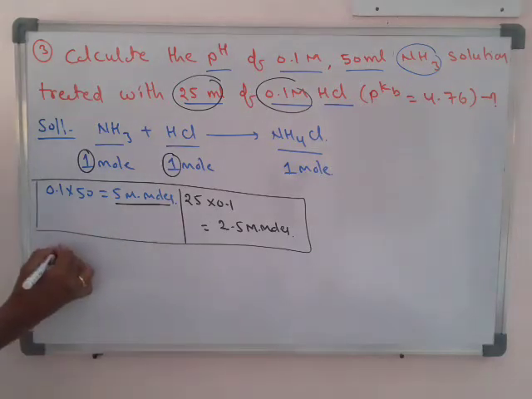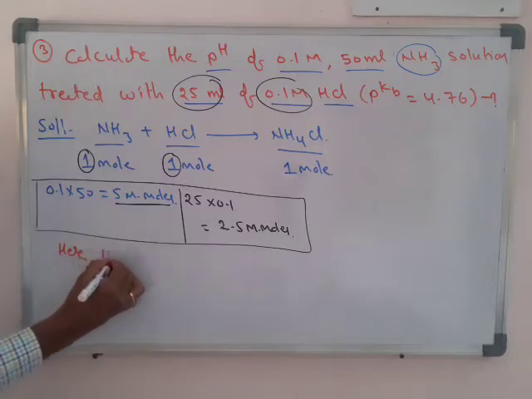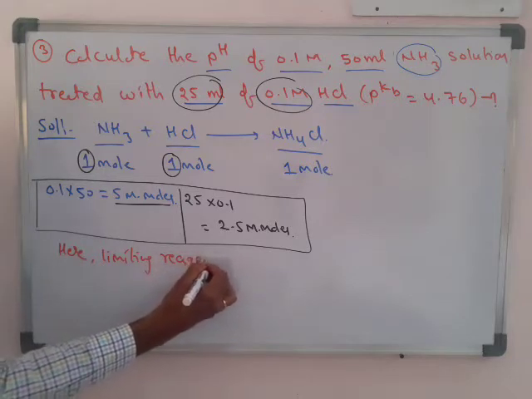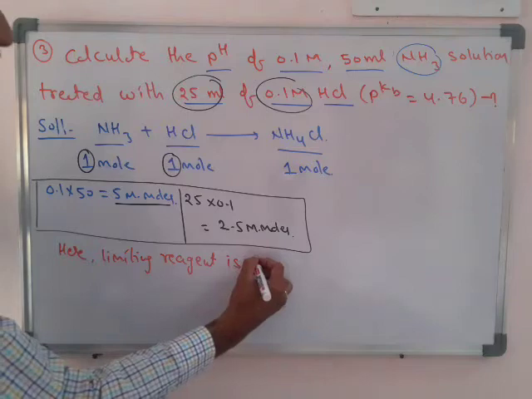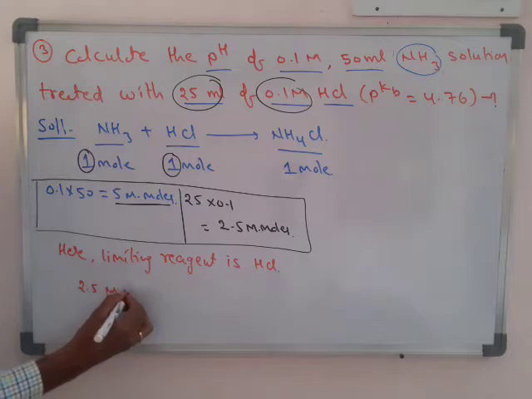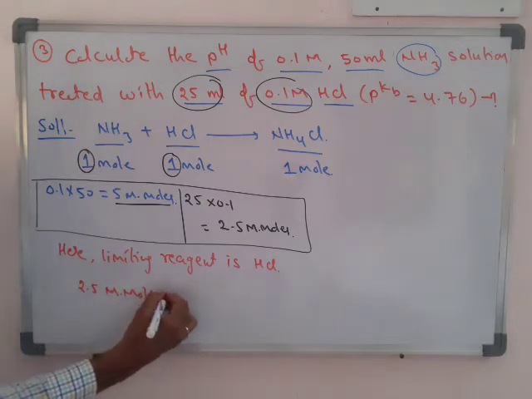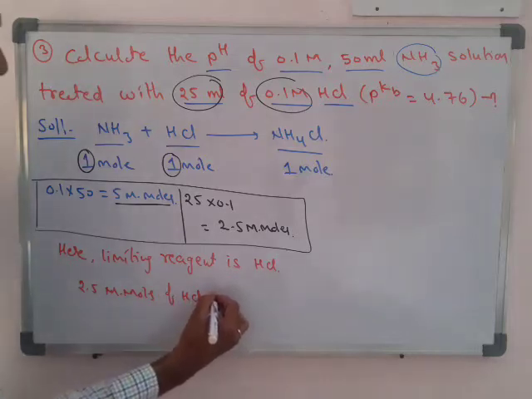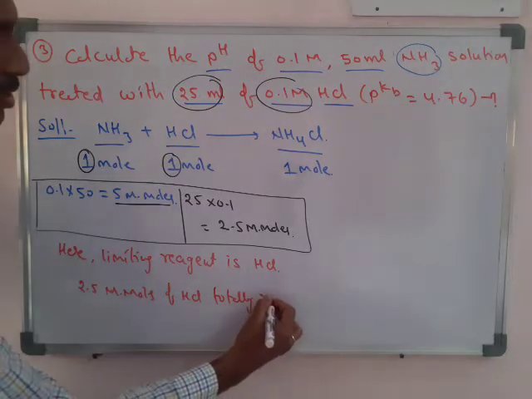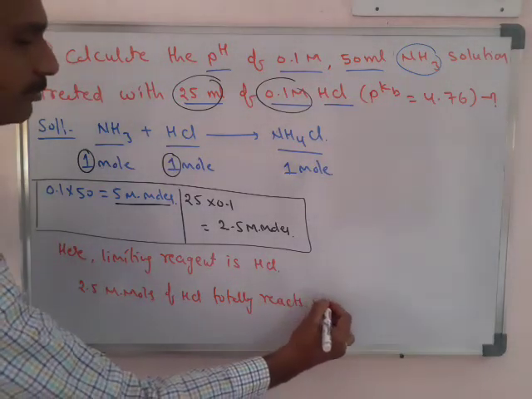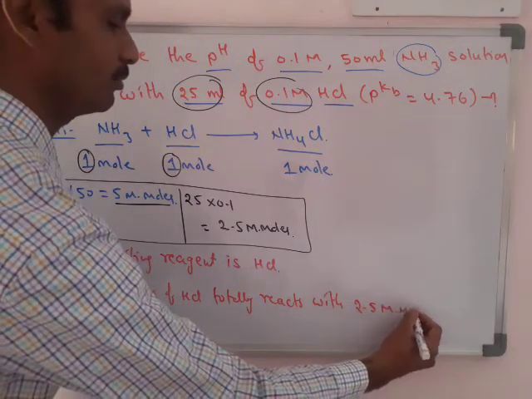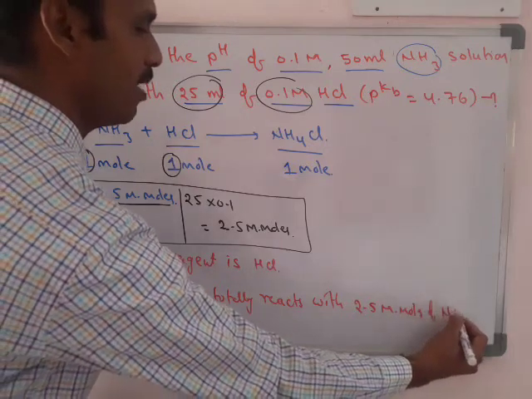So here we can write the main point. Here the limiting reagent is HCl. So we can write a statement: 2.5 millimoles of HCl totally reacts with 2.5 millimoles of ammonia.